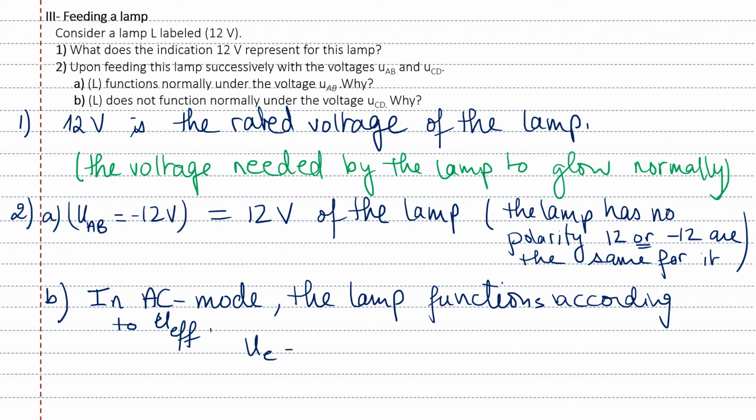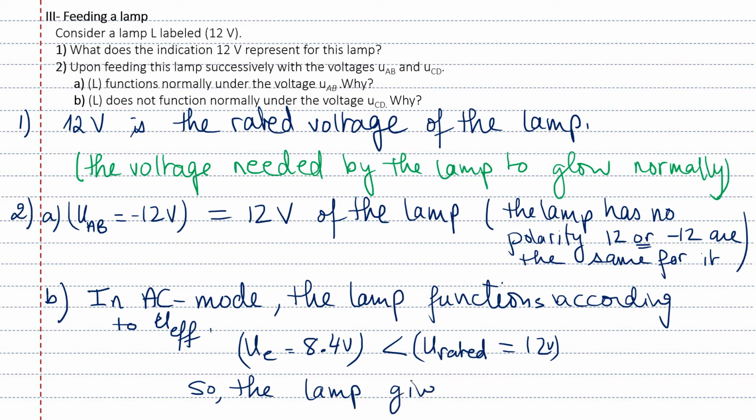Now U effective equals 8.4 volt, which is less than U rated, which is 12 volts. So the lamp gives a dim light, or simply functions dimly, glows dimly, or does not function normally.